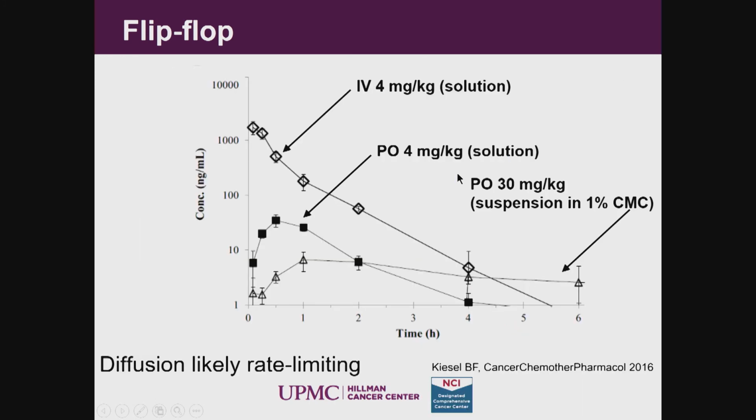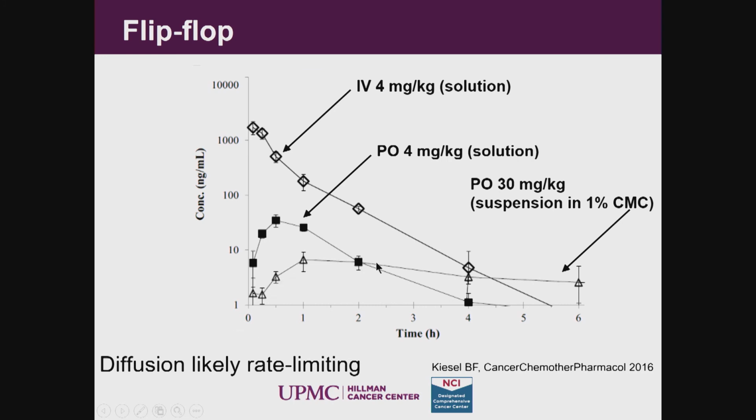This is a real example from my laboratory in mice. So here we have the IV concentration time profile as a solution, of course. The oral concentration time profile, again, as a solution. And then we performed a study orally with a suspension in 1% carboxymethylcellulose. This is a thickening agent to stabilize the suspension.